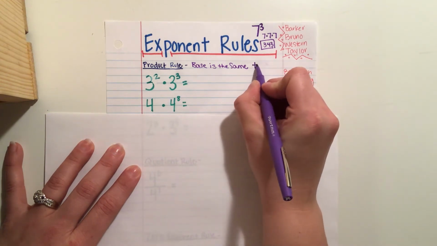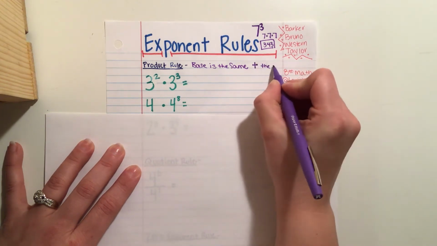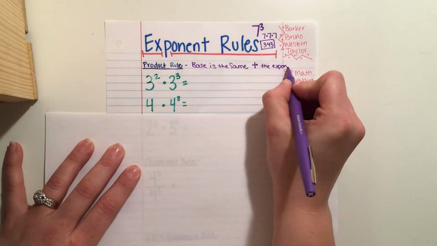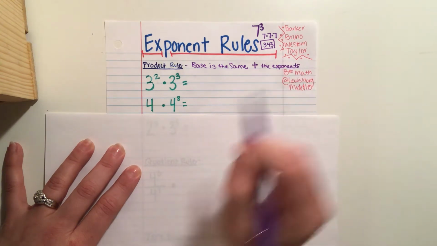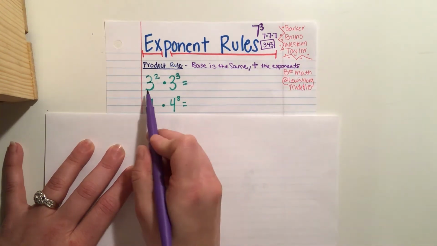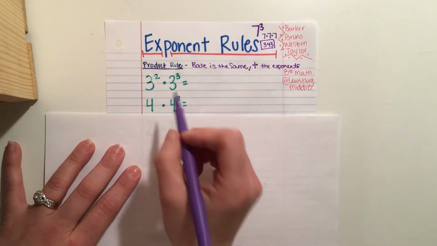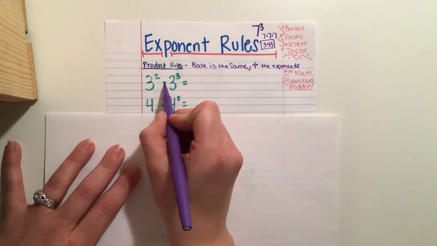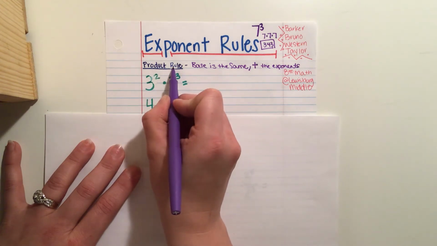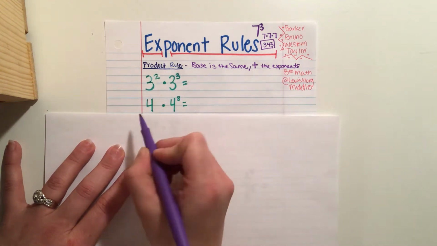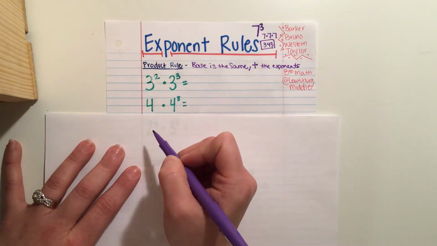You're going to add the exponents. So, looking at this, if the bases are the same, are these the same? Yes, they're both a 3. Because it has that multiplication symbol, it tells you the product rule, add the exponents. Do not multiply them, add them.